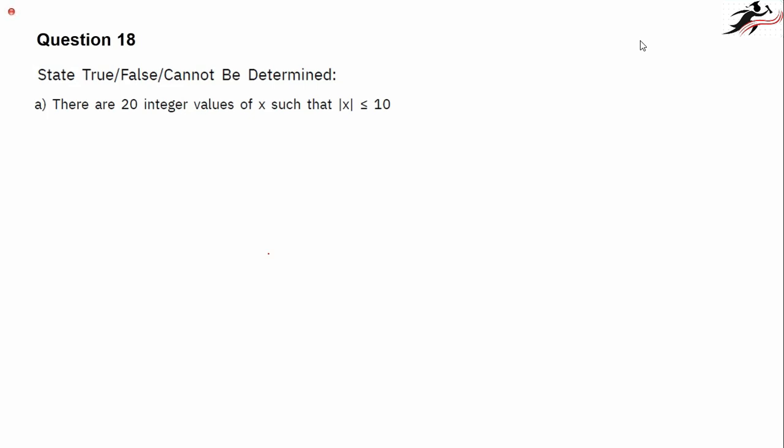So my values could be 10 units to the right. That's 1, 2, 3, 4, 5 up to 10. Similarly to the left, minus 1, minus 2, minus 3 up to minus 10. So that's 20 values and a 0. That makes my total number of values 21. Okay? So the statement is false. Agreed, everyone?